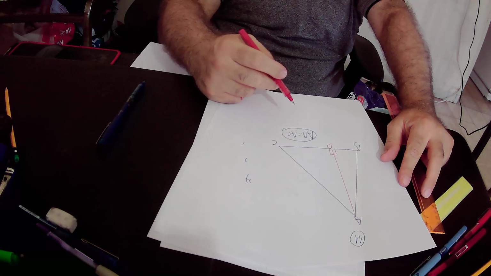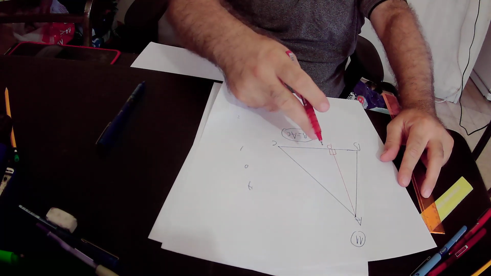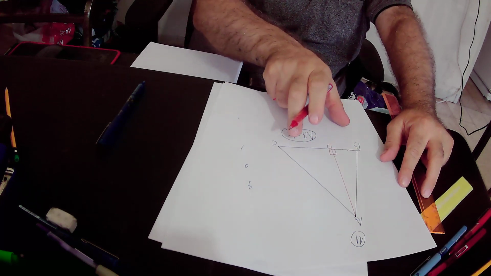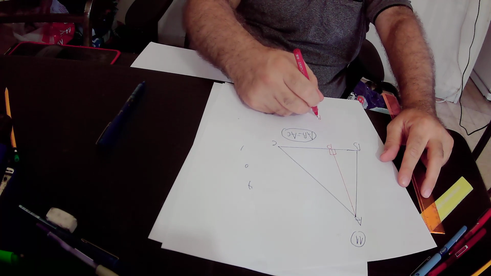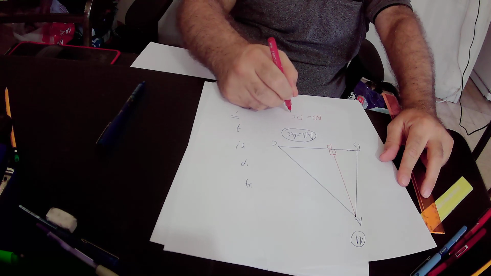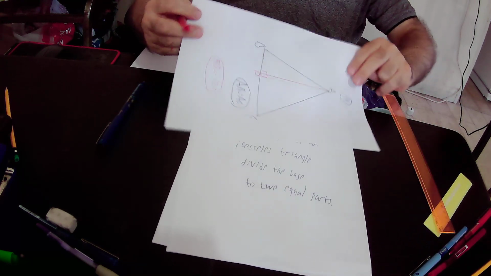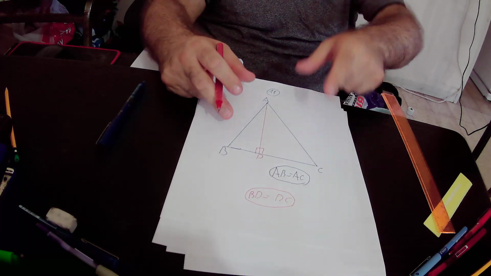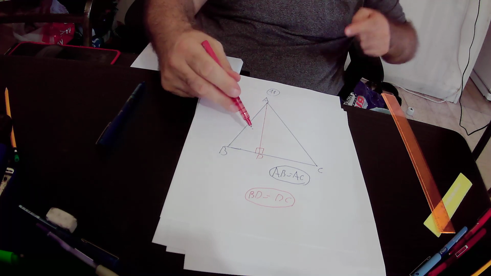According to rule number 3, the perpendicular AD divides side BC into two equal parts, that is to say BD equals DC. Okay, again, we have isosceles triangle ABC, AB equals AC, and we drew a perpendicular to the base BC.